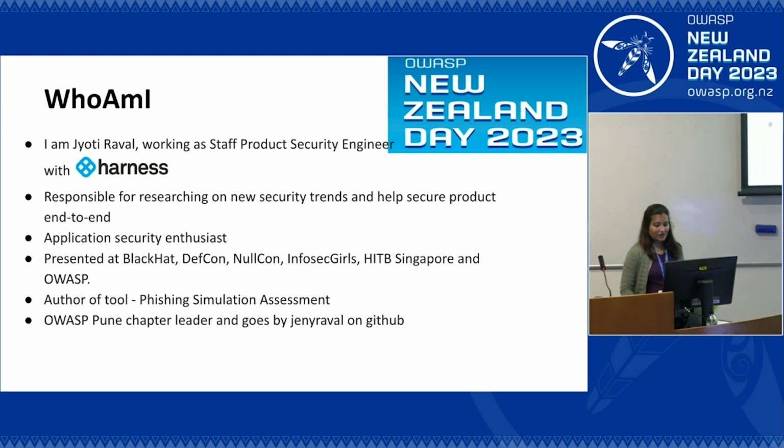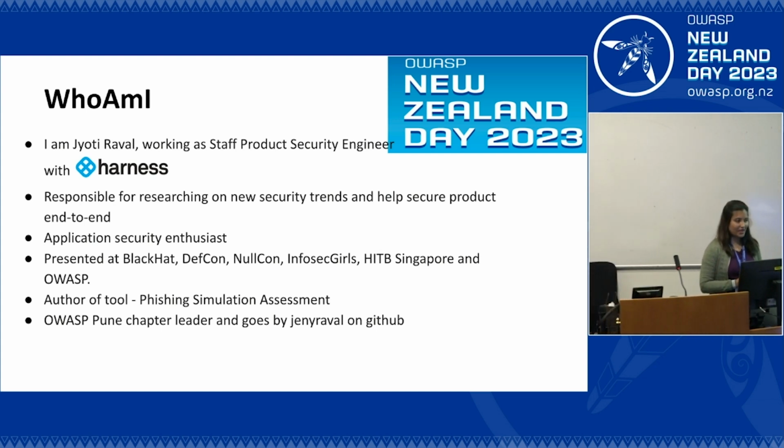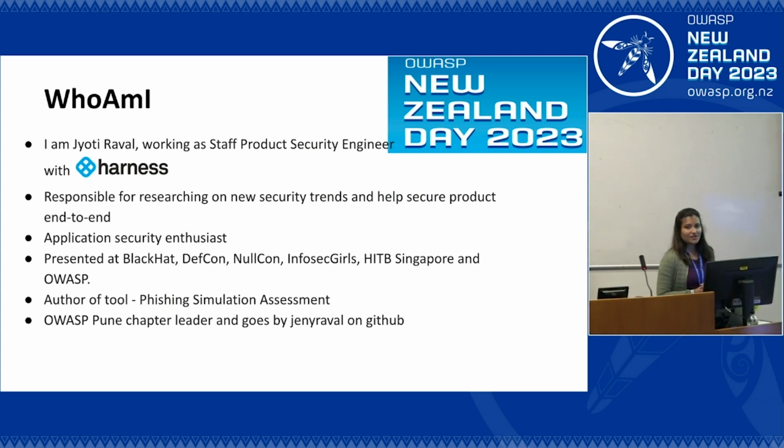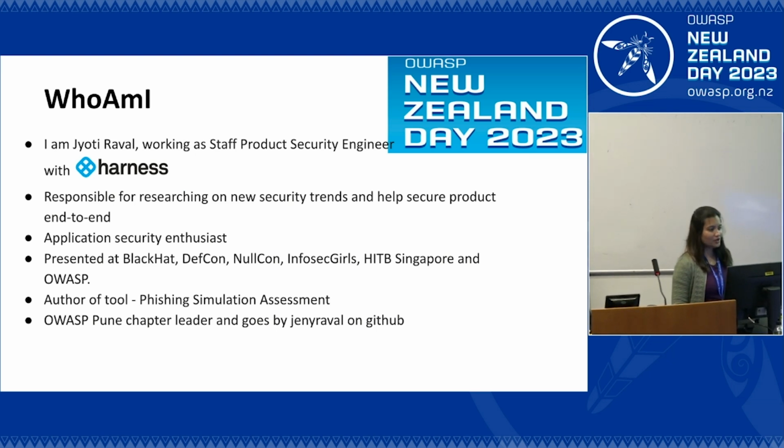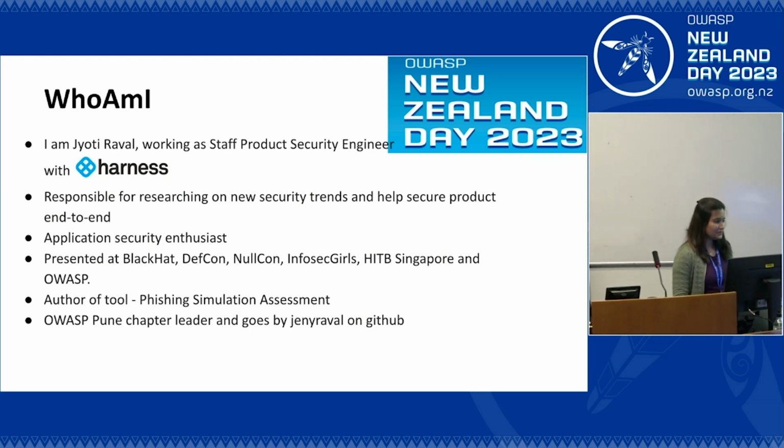Myself, Jyoti Raval. I work as a staff product security engineer with Harness. I'm responsible for securing our product end to end. We are into the CI/CD space. I'm an application security enthusiast. I like everything about application security in general. Before this, I got a chance to present at Black Hat, DEF CON, NILCON, InfoSec Girls, HITB Singapore, and OWASP.